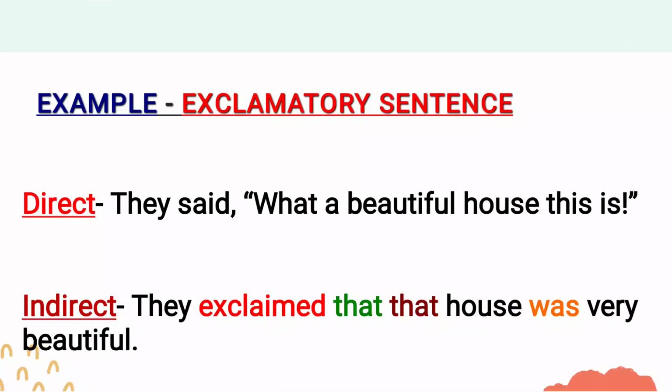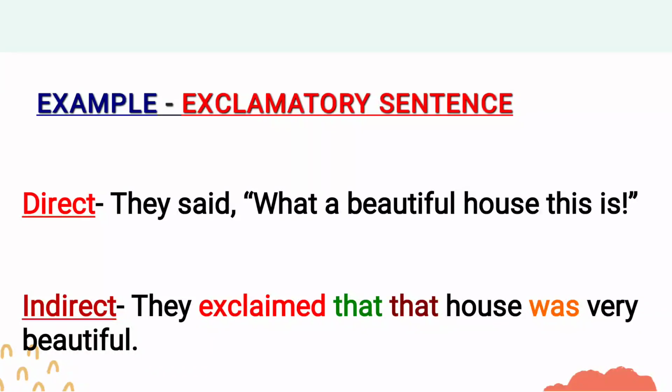The next sentence type is exclamatory sentence. They said, "What a beautiful house this is!" This is an exclamatory sentence. So while changing an exclamatory sentence into indirect speech, at that time we have to use the conjunction that.